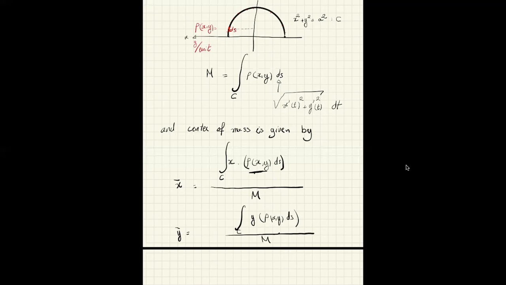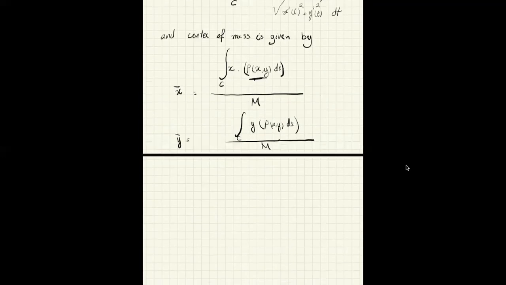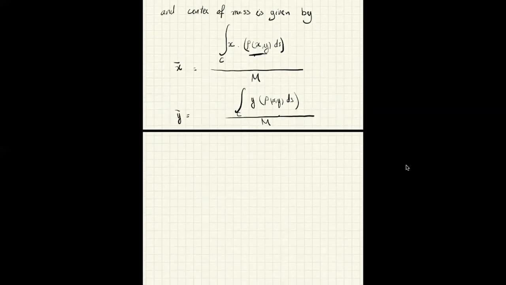It gives you x bar, y bar, z bar. Same thing. So make sure you understand this, or at least just remember the formula, because it's part of what you're supposed to know. Okay, so that was a little digression.